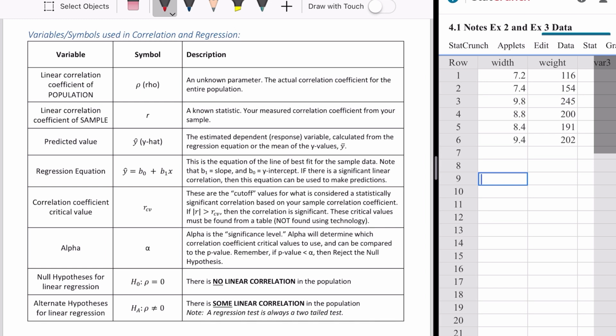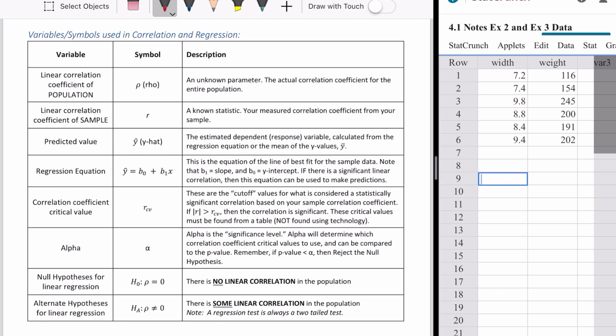But for us to do that, we have to have a statistically significant linear correlation. Which means maybe that our sample data points lined up in a pretty good line. Exactly.